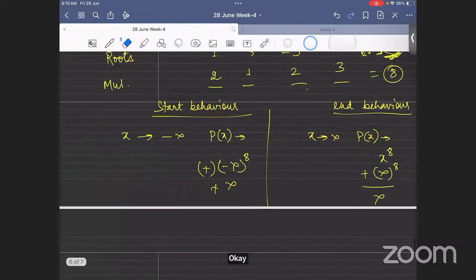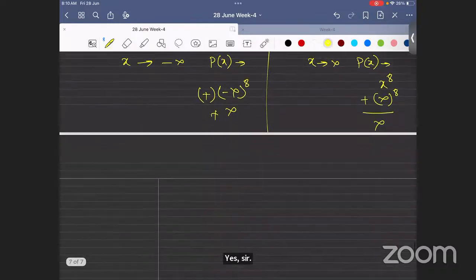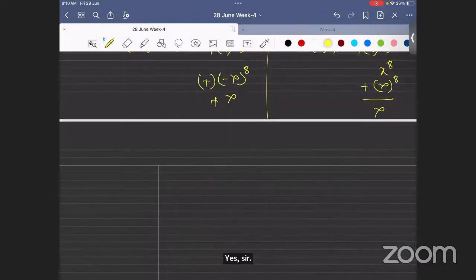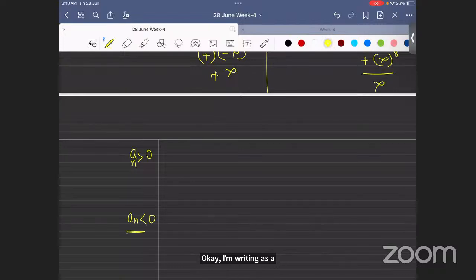After getting to know about the end behavior, I'll ask you, not for this particular case, but what are all the conditions that can happen. So I'll just write it out. A is basically the coefficient of the maximum degree, so I'm writing it as a_n. For example, a_n less than 0. For this case, the coefficient of the maximum degree is negative.